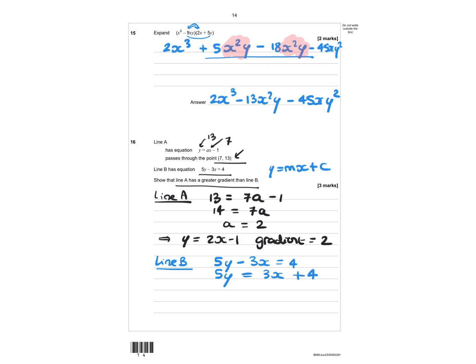And then I divide by 5, so y equals 3/5 x plus 4/5. That tells me that the gradient of line B is 3/5 or 0.6. And so the gradient of A, which is 2, is greater than the gradient of B, which is 0.6. And we've shown what we are required to show.